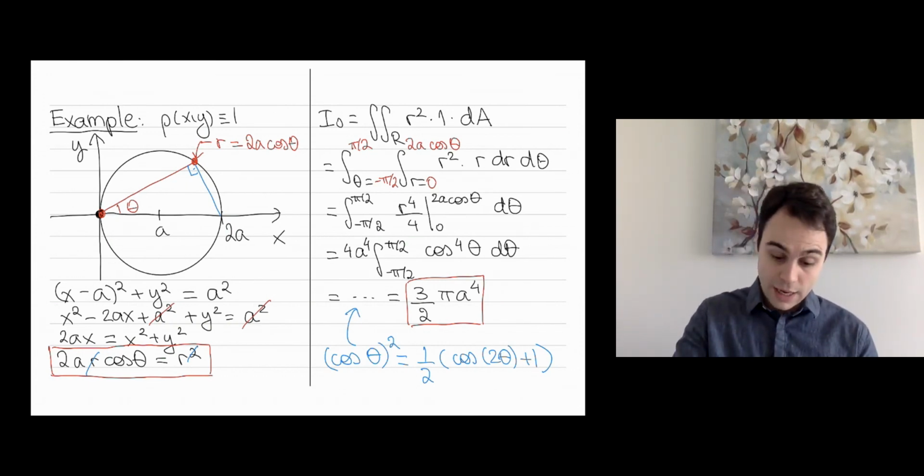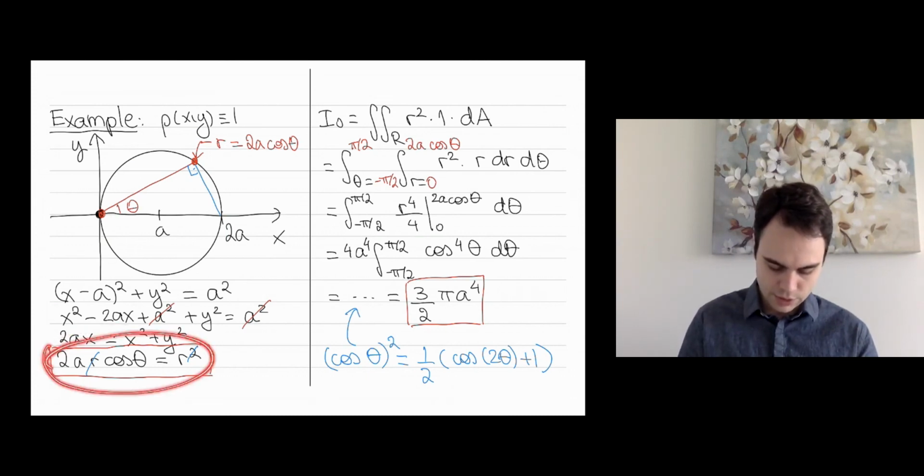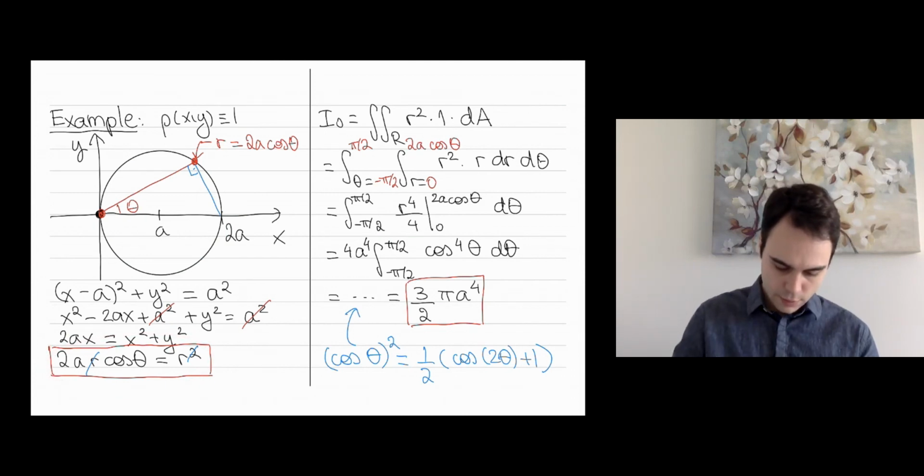So away from the origin, I can divide both sides by r and I get this equation, which says that r is equal to 2a cosine theta on the circle. Let me delete the box, because the equation I really want is this one.